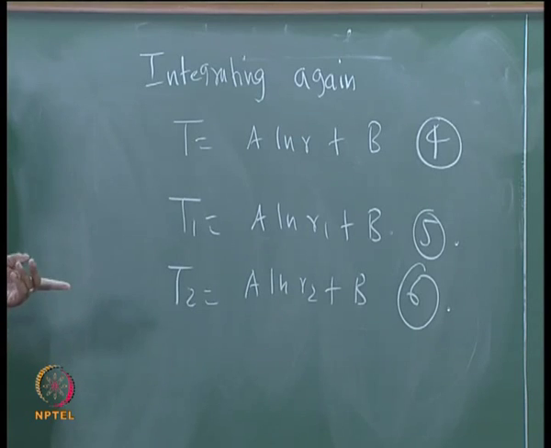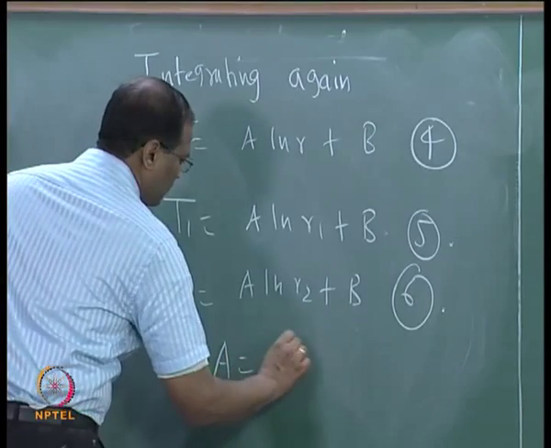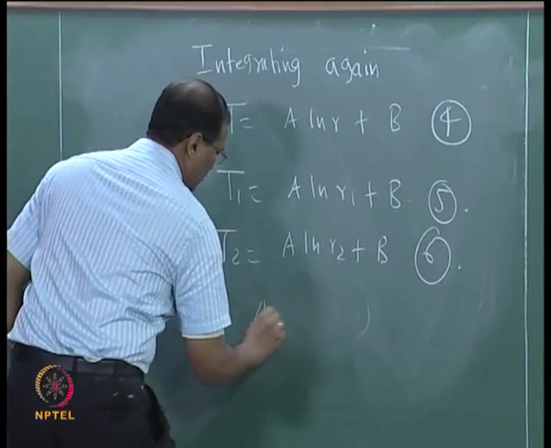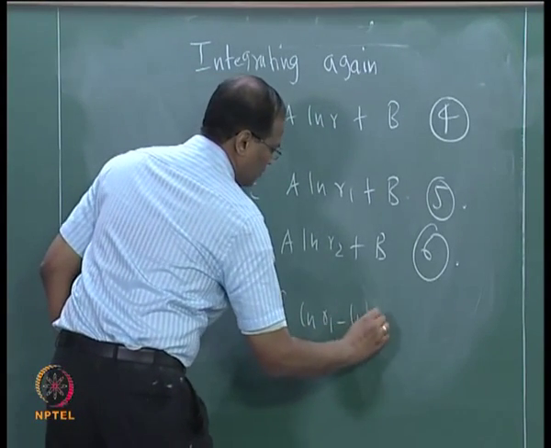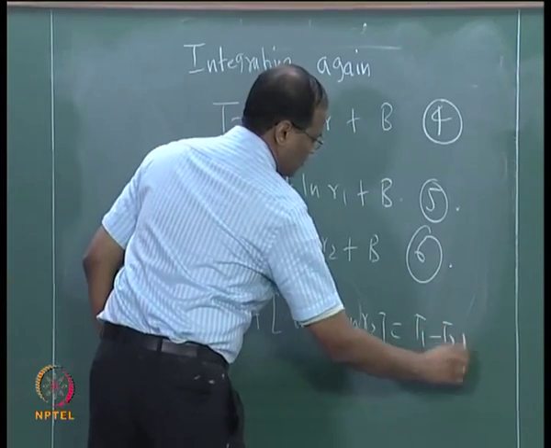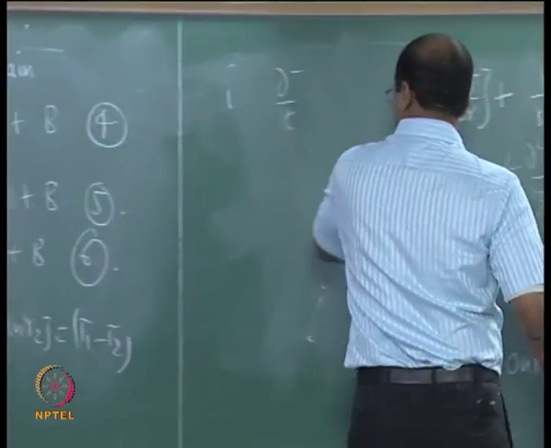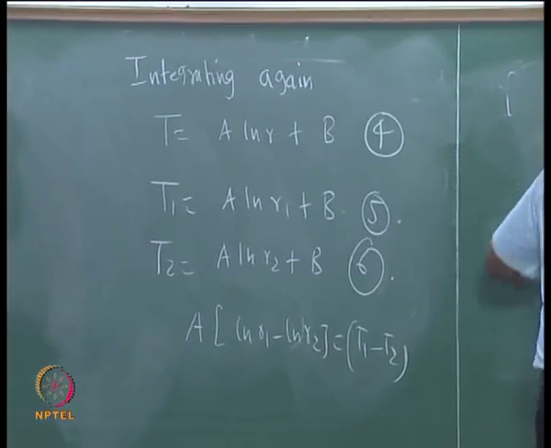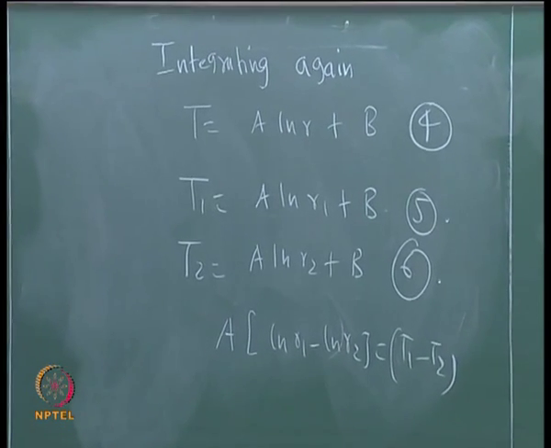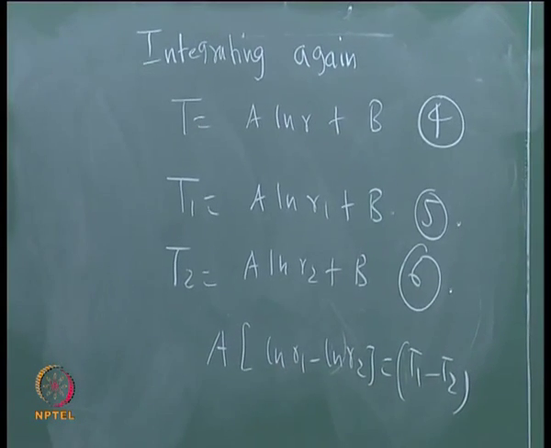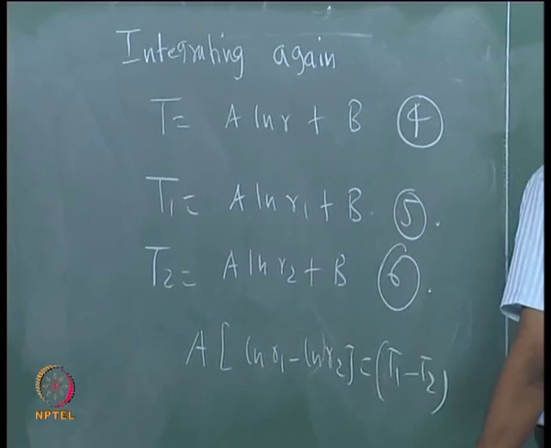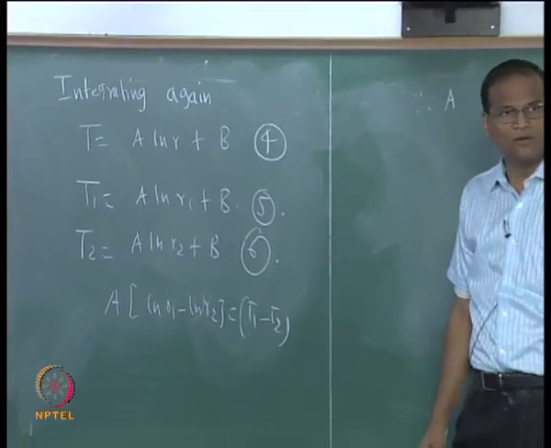Subtracting 6 from 5, the B will get cancelled, you can straight away evaluate A, right. Is that okay? Ln of r1 minus ln of r2 is ln of r1 by r2, right.